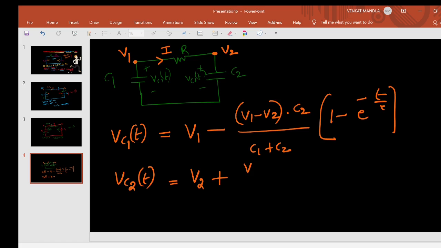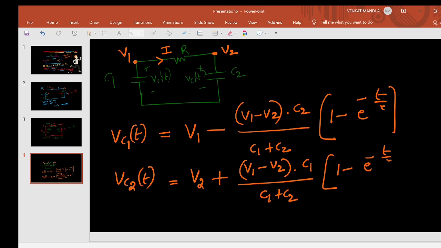The net voltage initially is V1 minus V2 times the capacitance. What capacitance do we put here? Since we are calculating at C2, the opposite capacitance C1 by the total capacitance C1 plus C2, times 1 minus e power minus t by tau. This is how we have to remember the formula.